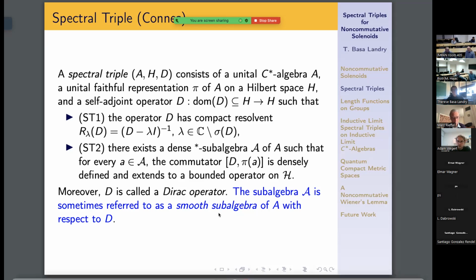It's a commutator with this commutator with D, of the representation pi. For order one, you need J, the real structure. Okay, I see. Thank you. So in the context of smooth subalgebras, this is a usual condition when studying the smooth subalgebra.